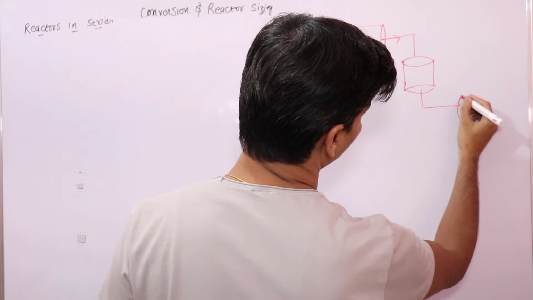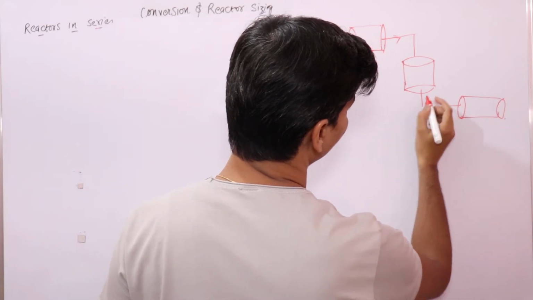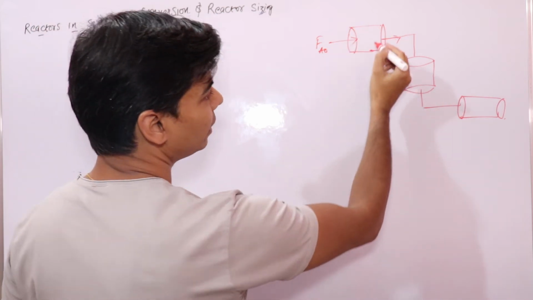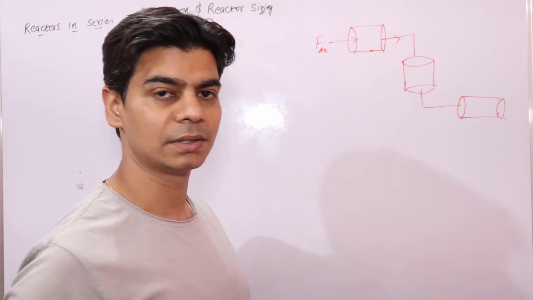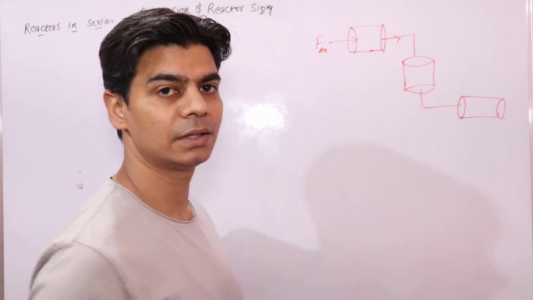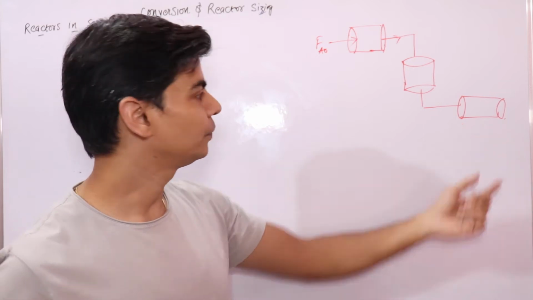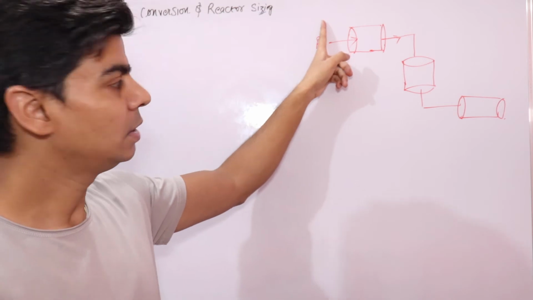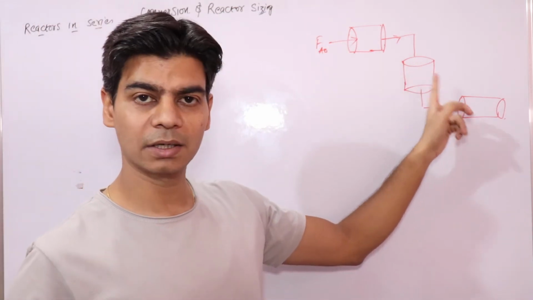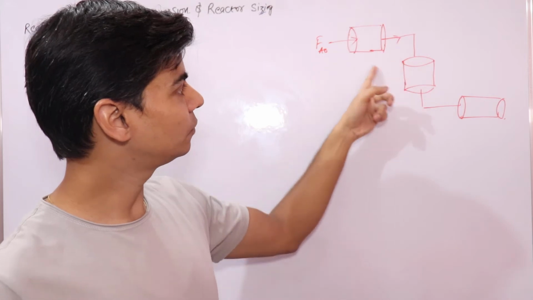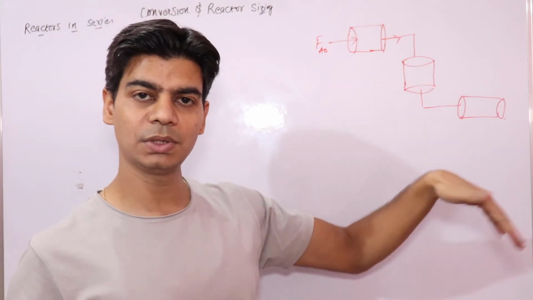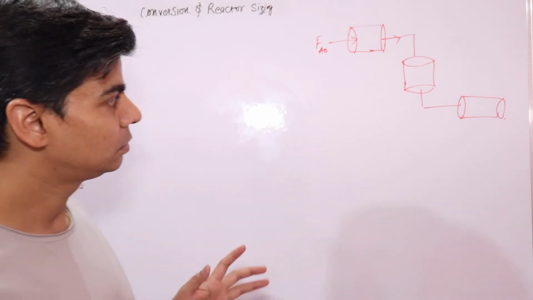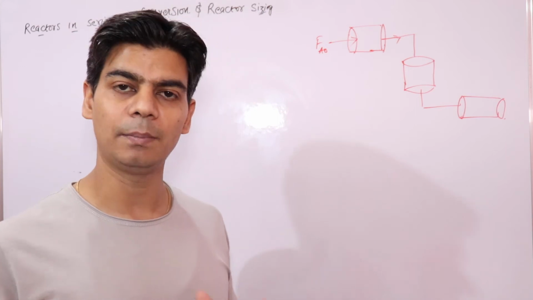What comes out of the second reactor is fed to the next reactor. So the initial feed is sent only to the first reactor; in the other reactors connected in series, only what comes out of the previous reactor goes into the subsequent reactor.